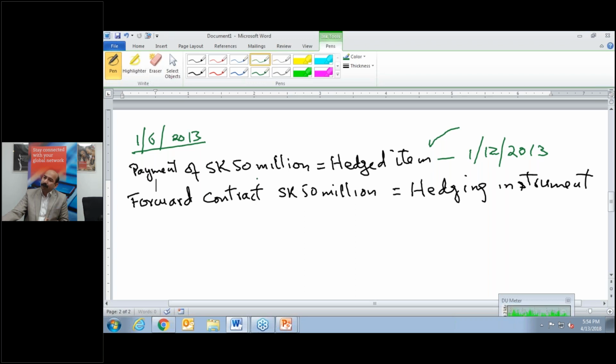We will be receiving it on 1st November, and we will have to pay SK 50 million on 1st December, one month after the receipt of the property, plant and equipment. But today it is 1st June 2013. So this is interesting. Okay, forward contract.